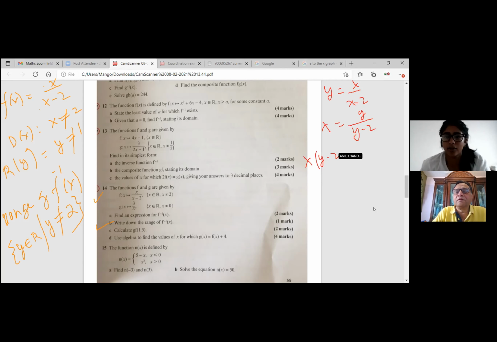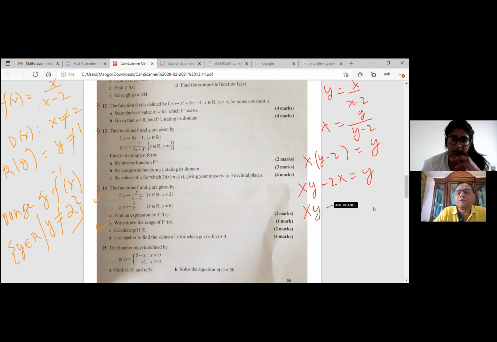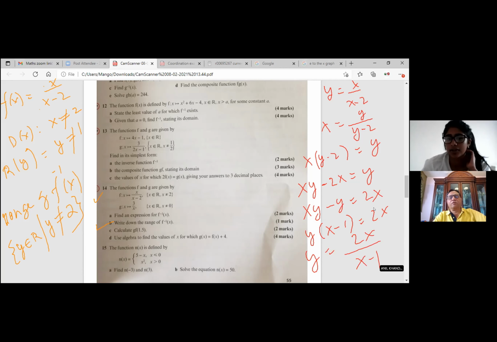So xy minus 2x equals y, then take x common, and then divide. y equals 2x over x minus 1. Perfect. So we got the inverse of this function, and then we can write it like this.